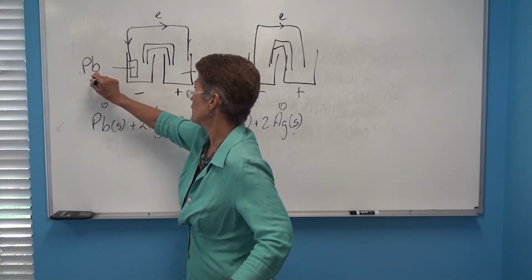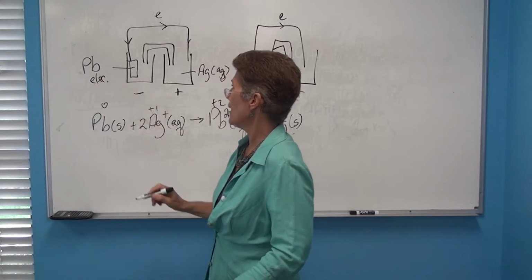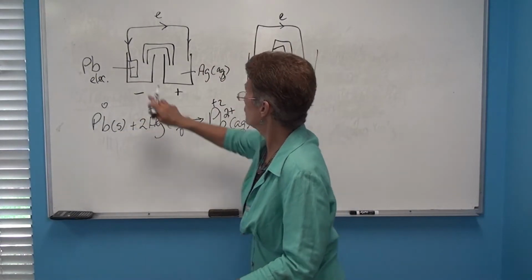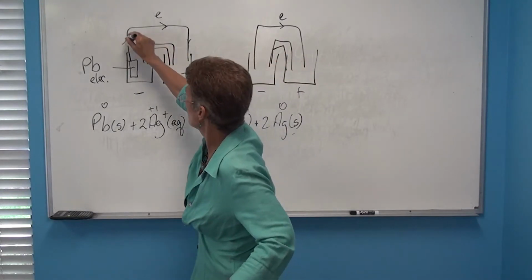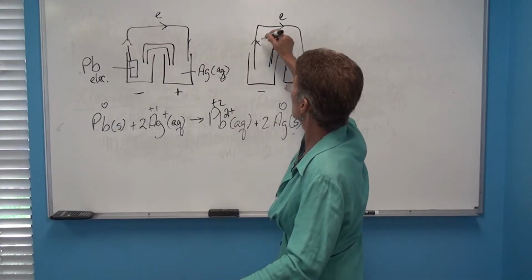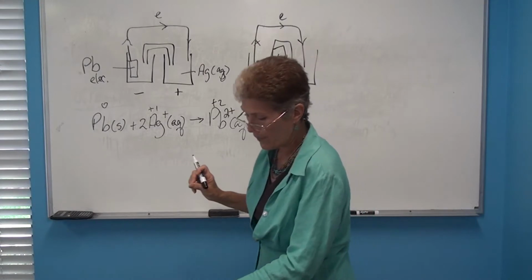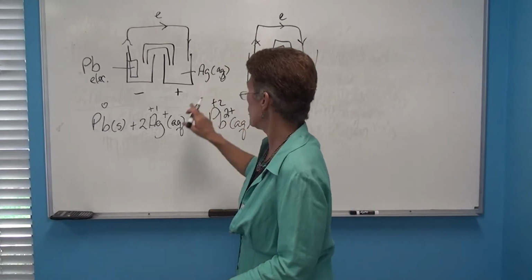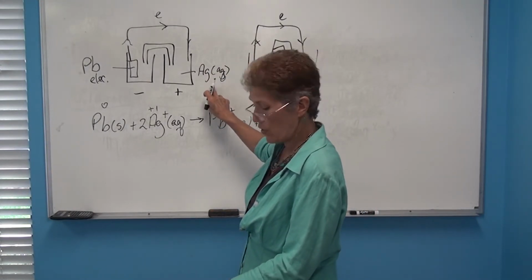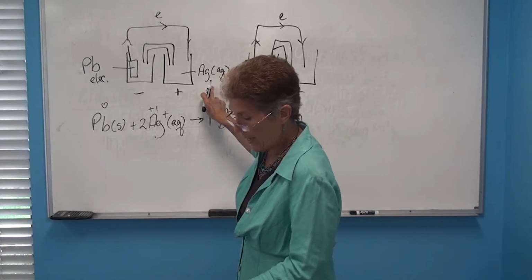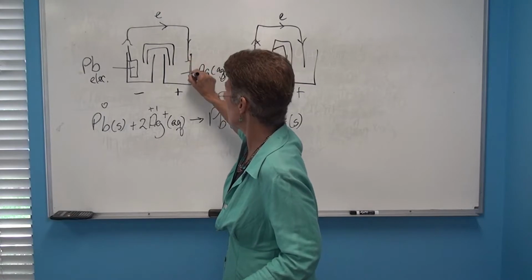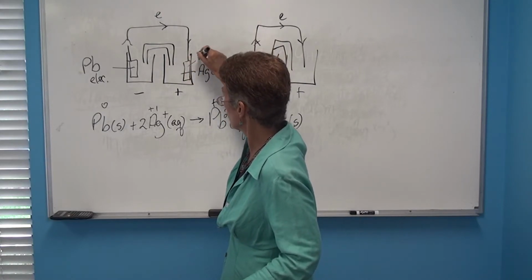I'll put electrode, okay? I have arrows going both ways, and they should be going that way. I'm so sorry. There we go. And so then what's on this side is we have the silver aqueous over here, and the silver solid would be the electrode over here.